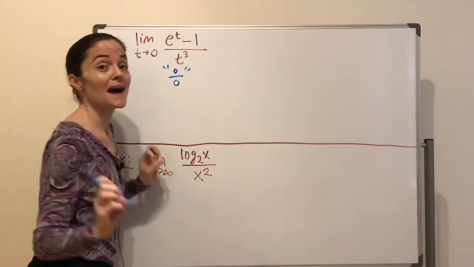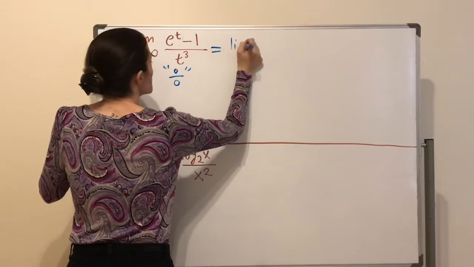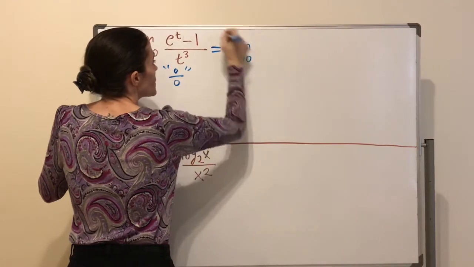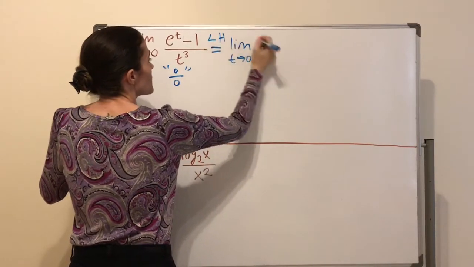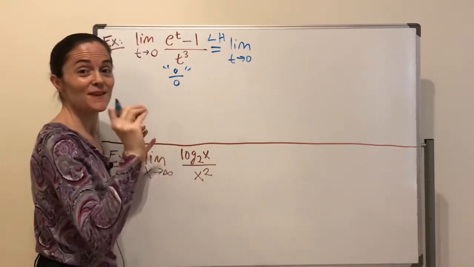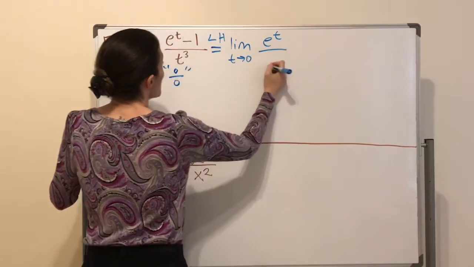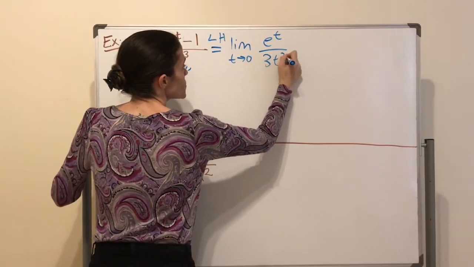Okay, so we do have an indeterminate form. We may use L'Hopital's rule. I'll write it up here. Take the derivative on the top, take the derivative on the bottom. We get e to the t divided by 3t squared.